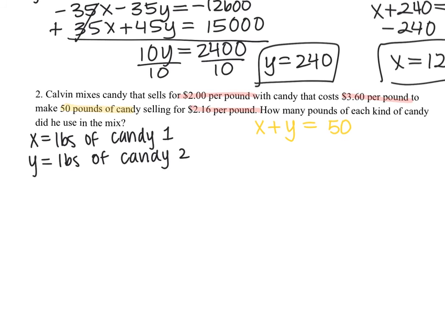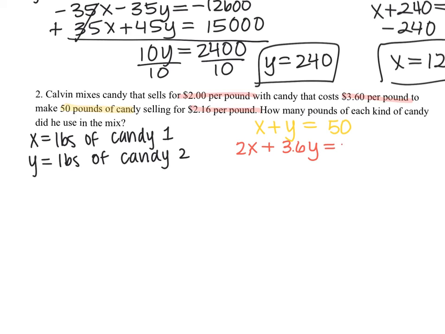All right, and this is where it gets kind of tricky. So candy 1 is $2 per pound, so that's 2x. Candy 2 is $3.60 per pound, so that's 3.6y. Okay. Here's where it gets tricky. What are we equal to? We're not equal to $2.16. We're equal to the amount of money he's making off of that new candy.